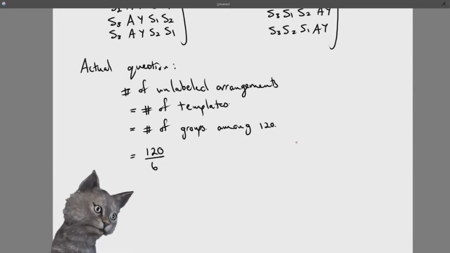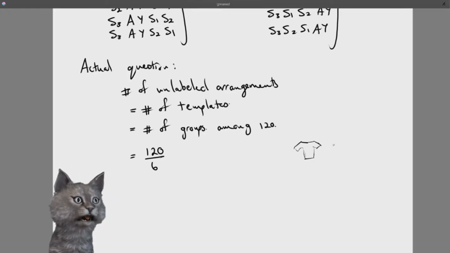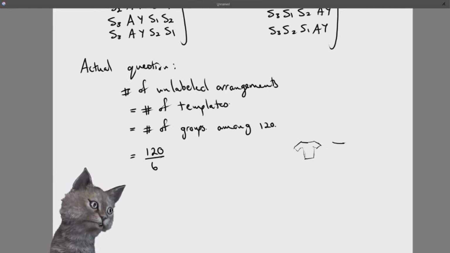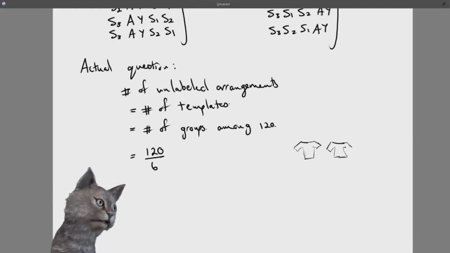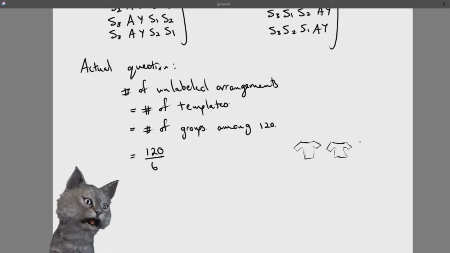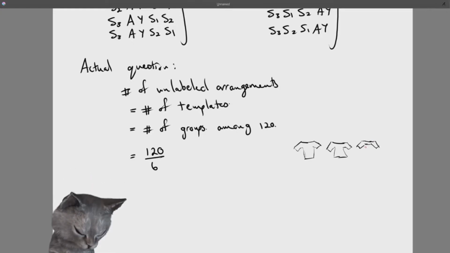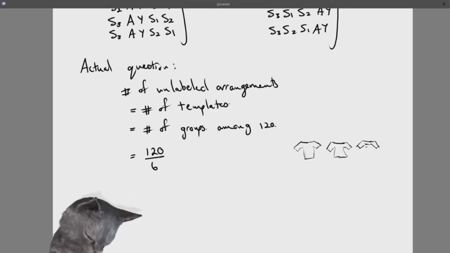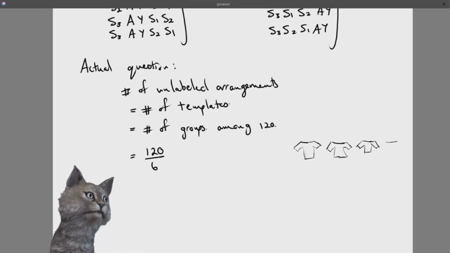If I say, for example, I have lots of people and they all wear different shirts, and some people are wearing yellow shirts, and some people are wearing orange shirts, and some people are wearing blue shirts, and all the colors come in groups of 6. How many different color shirts are there?